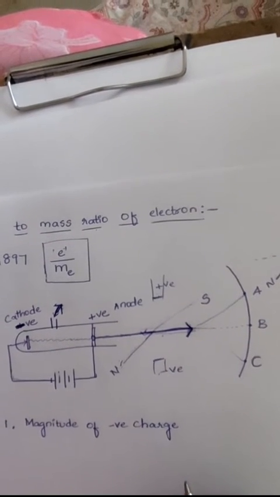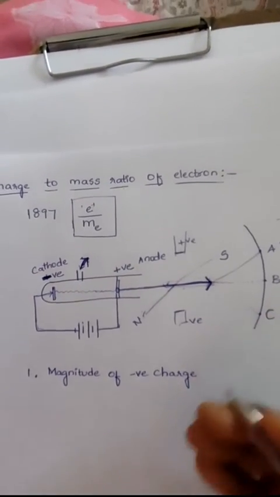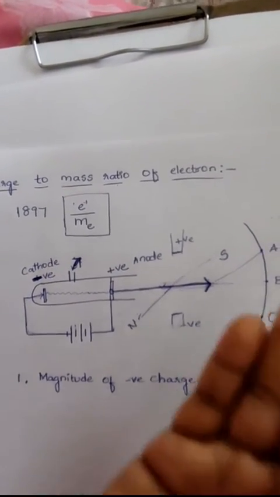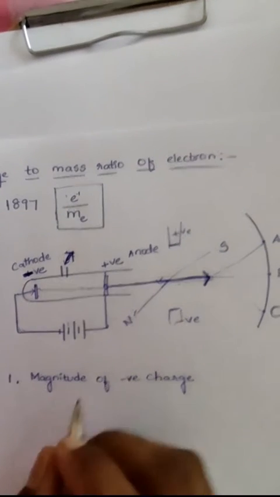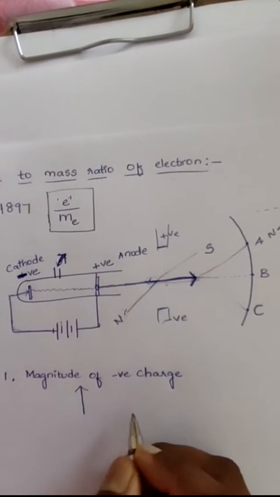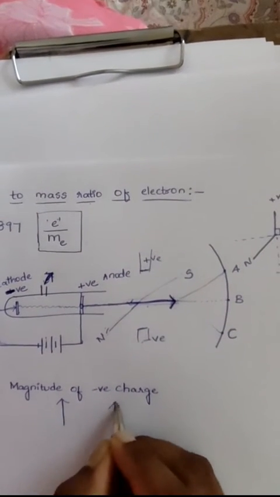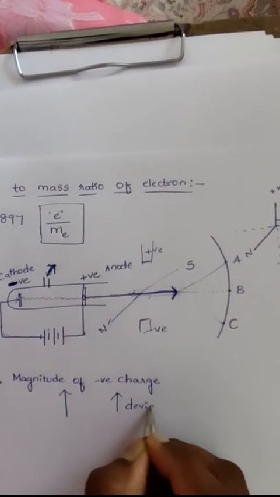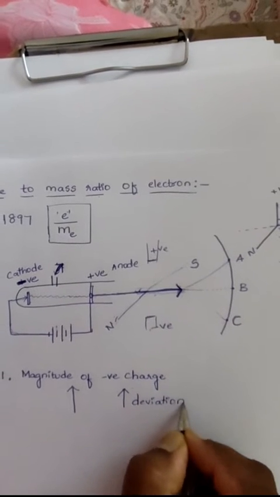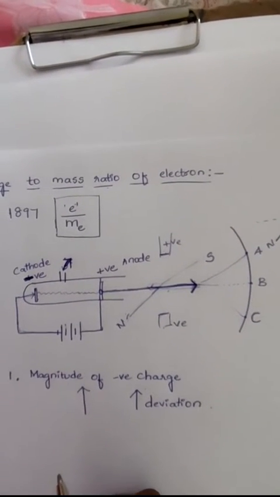Negative charge on the particle. See, when it is more negative, that is, the greater the magnitude, the greater will be the deviation. Greater magnitude, greater is the interaction and greater is the deviation. And it also depends upon the mass of the particle.